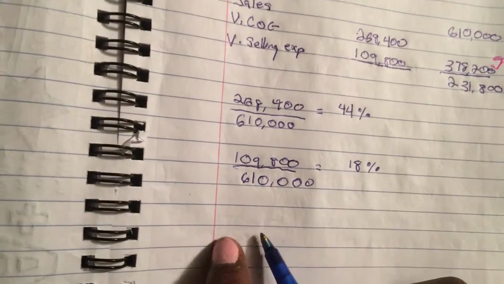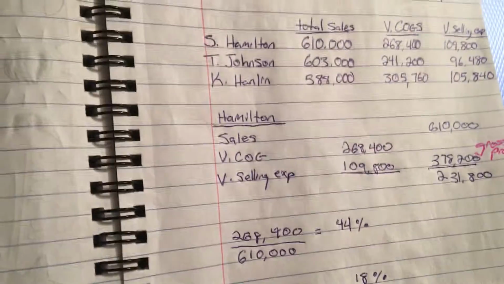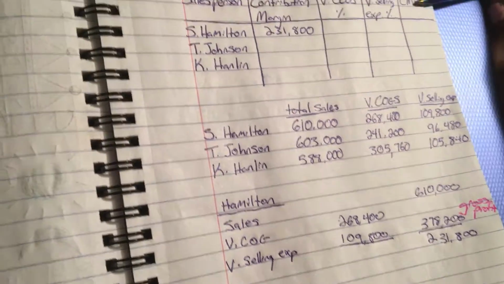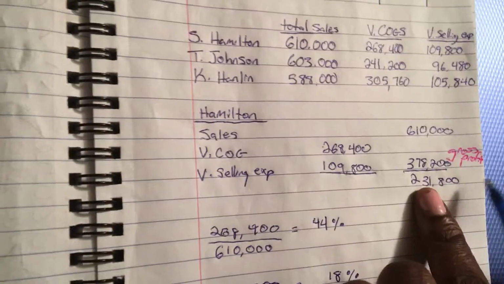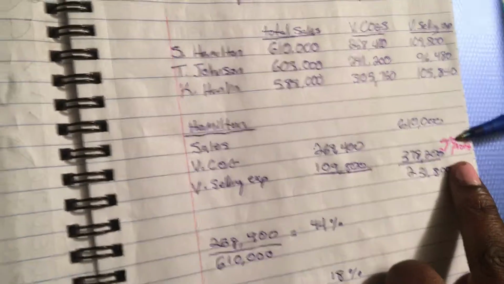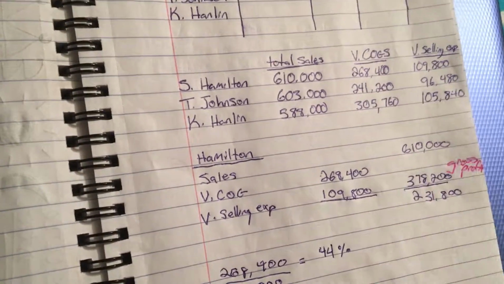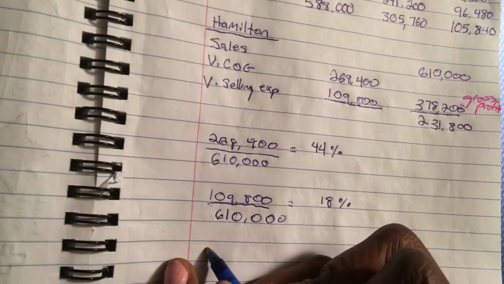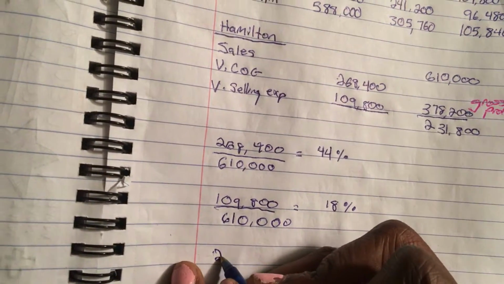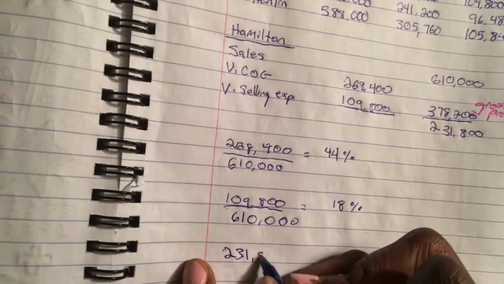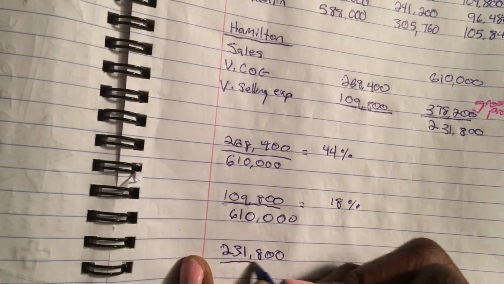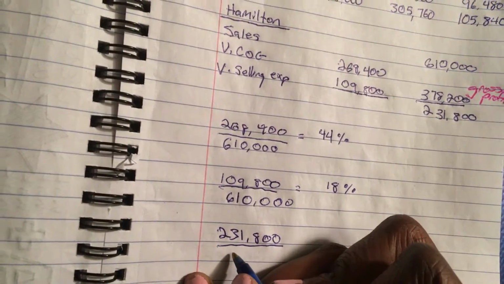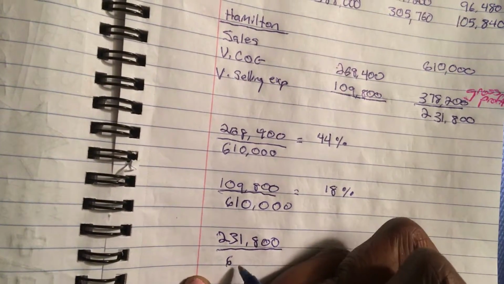And lastly, the most important one, our contribution margin ratio. You take the total that we got from subtracting our costs from our sales, and again divide that by her total sales.